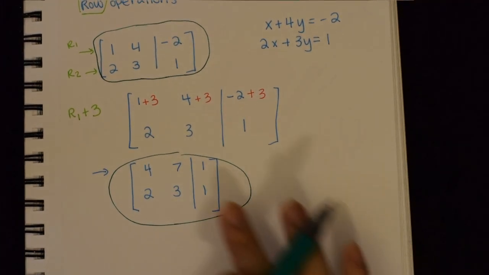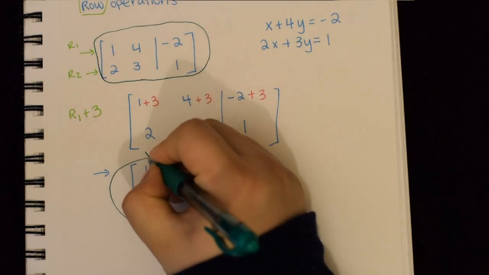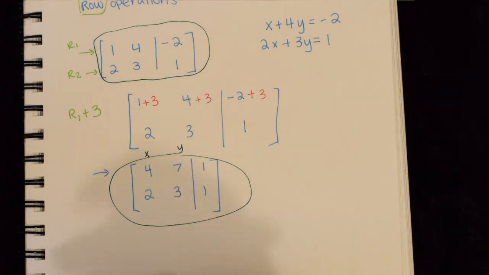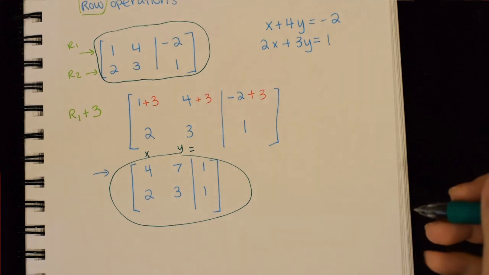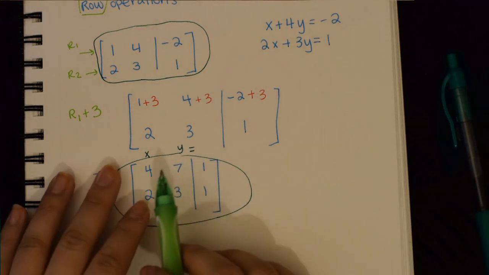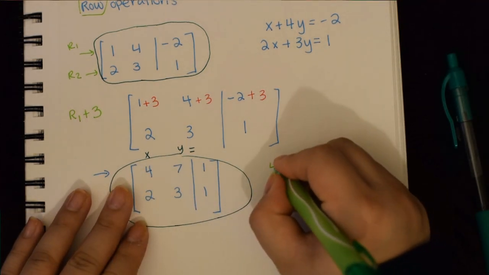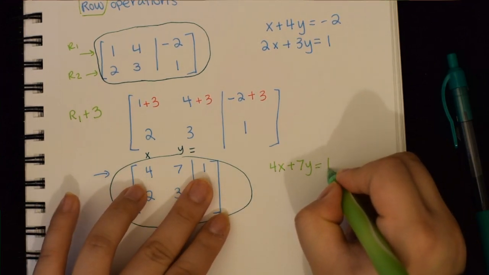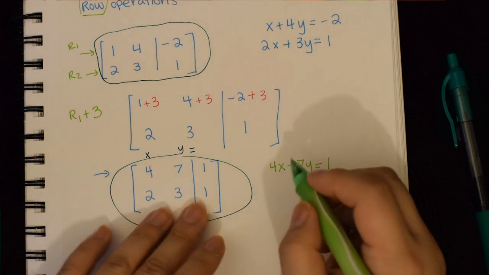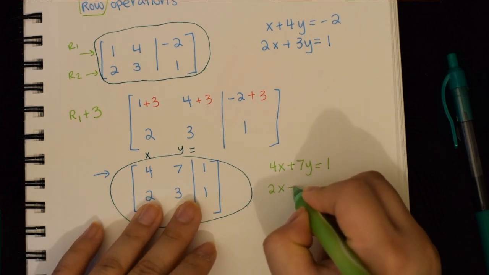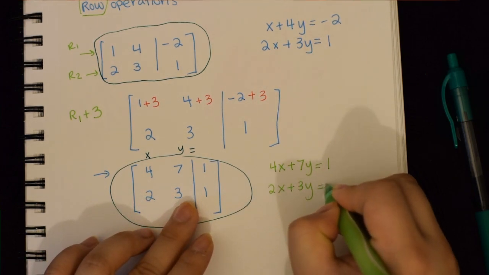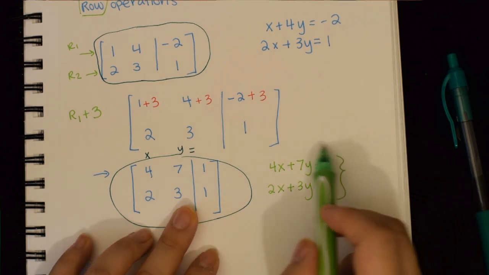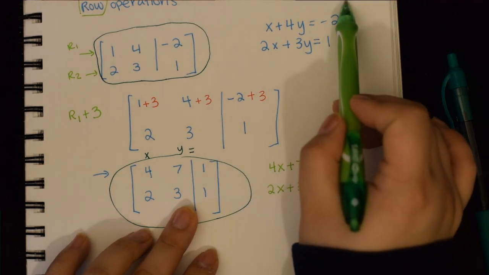And so let's try and write this back out. Let's say we still have our x and y. Everything still needs to be lined up. The line still equals. So now we would have 4x plus 7y equals 1. And then the second row is the same still, so 2x plus 3y equals 1. Is this system the same as this?